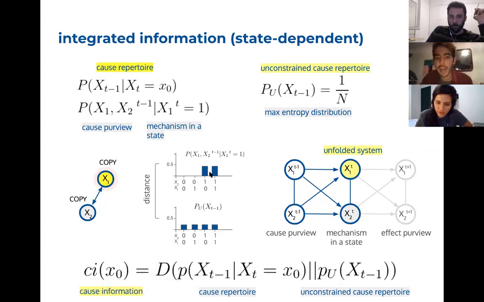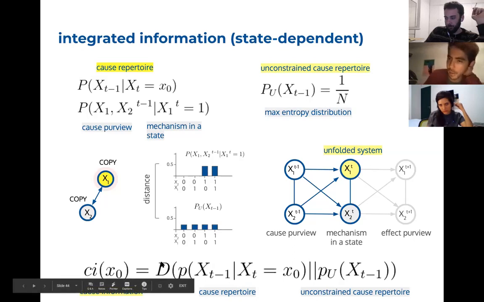Had it not known the state it was in, it could have come from any state, so its past would be completely indeterminate. But the fact that it is in a state constrains the space of past states into a more definite distribution. You can measure this cause information with a distance, like the Kullback-Leibler distance, measuring the constrained repertoire against an unconstrained one.